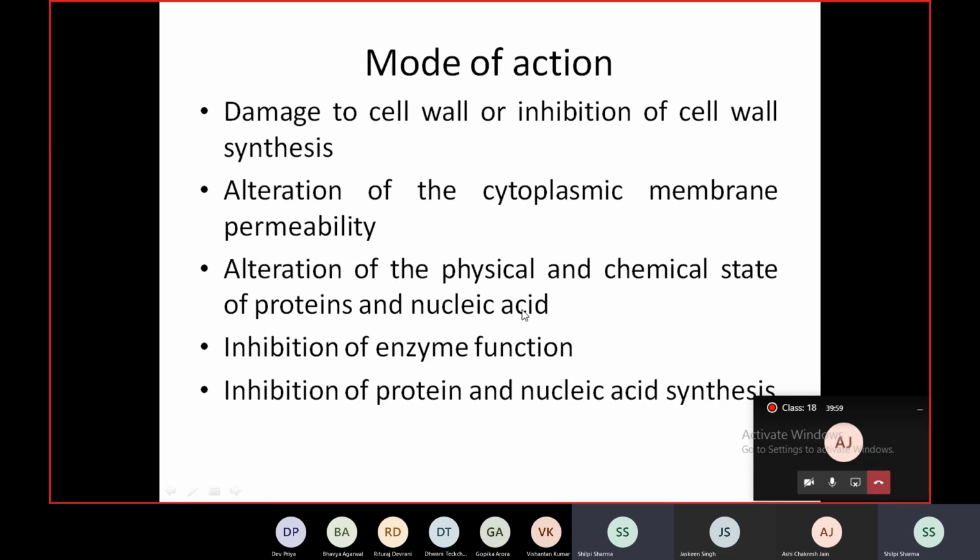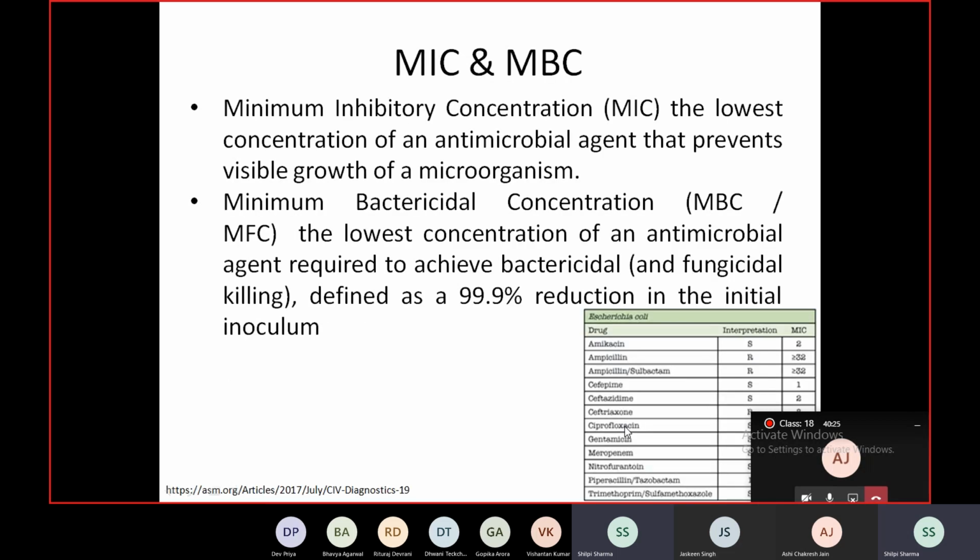Then the physical and chemical state of some of the biomolecules, especially of proteins and nucleic acids, are also affected by certain agents. The inhibition of enzyme action, and the synthesis itself of these biomolecules, also tends to be the mode of action for certain agents. We'll discuss some of the representative examples for each of these modes.